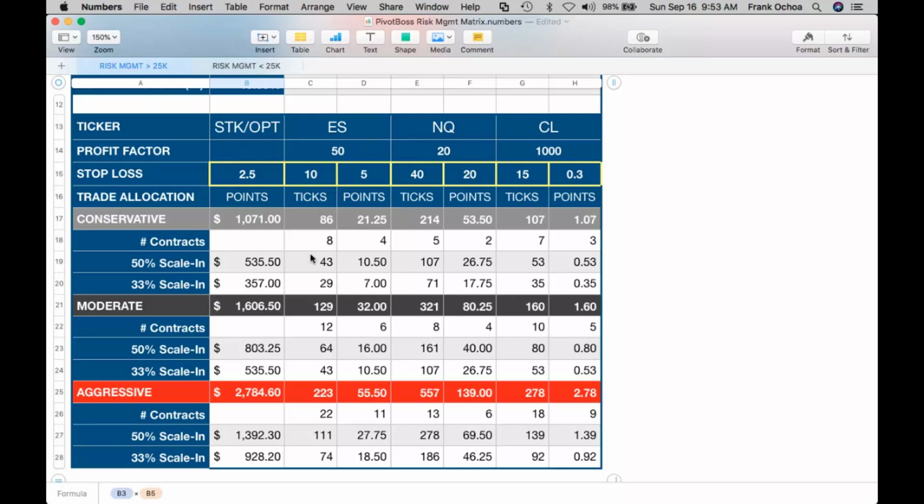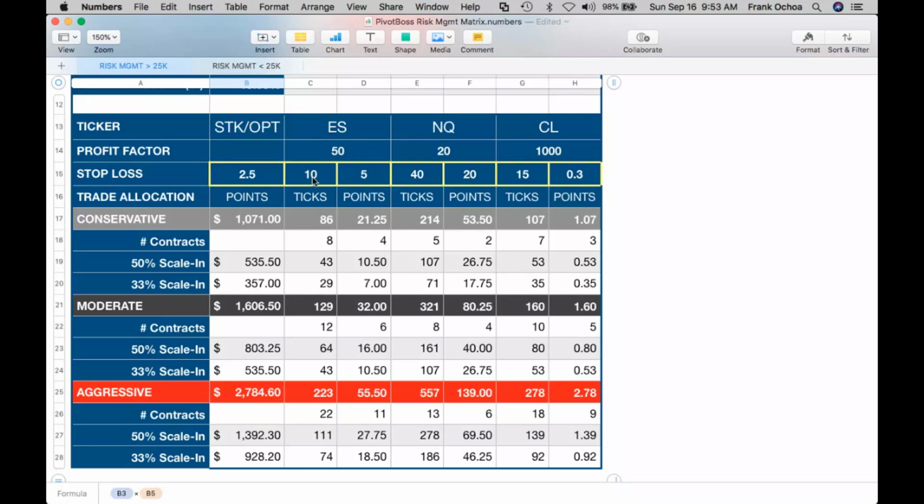Now, if you want to scale half and half, then you can risk 43 ticks on the first half, scale in, and 43 on the second. You see, 43 times 2 would give you 86. So 86 divided by 2 is 43. 86 divided by 3 gives you 29. And so you can risk 29 ticks per scale on a 1/3 basis, 33% scaling. So it's giving you all the numbers you need.